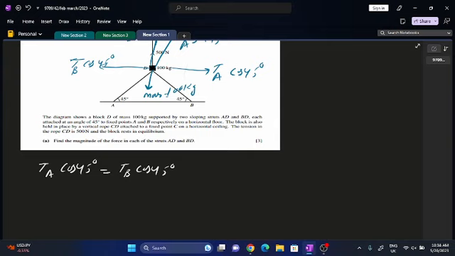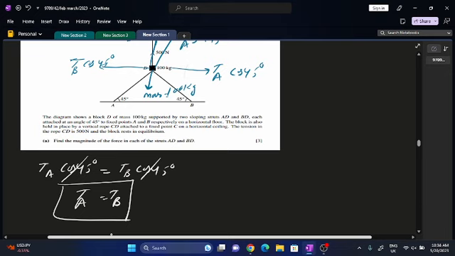Using the distributive law, or a calculator to find the cos of 45 and simplify, that gives you TA equals TB. That is your first result from the horizontal component.